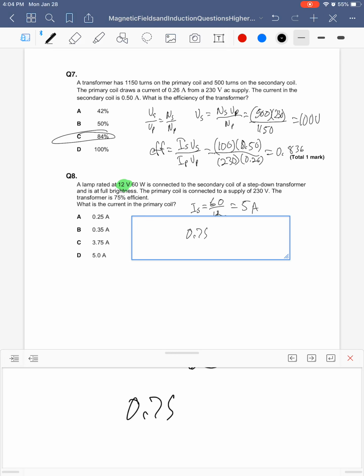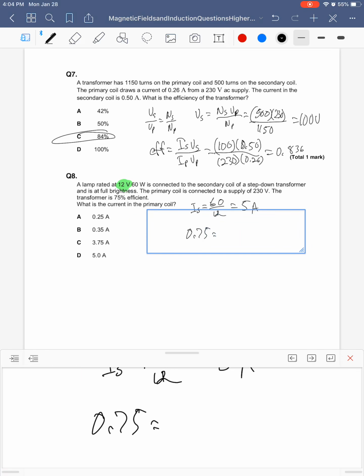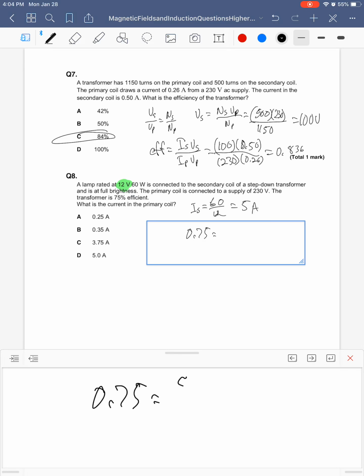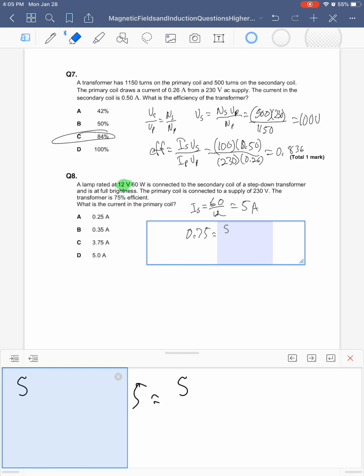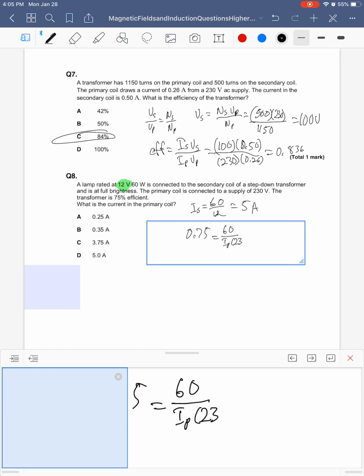And in this case, 0.75 is equal to... Oh my god, why did I do that? Okay, didn't have to do that at all. Could have just used 60. So 60 watts out, divided by Ip times 230.